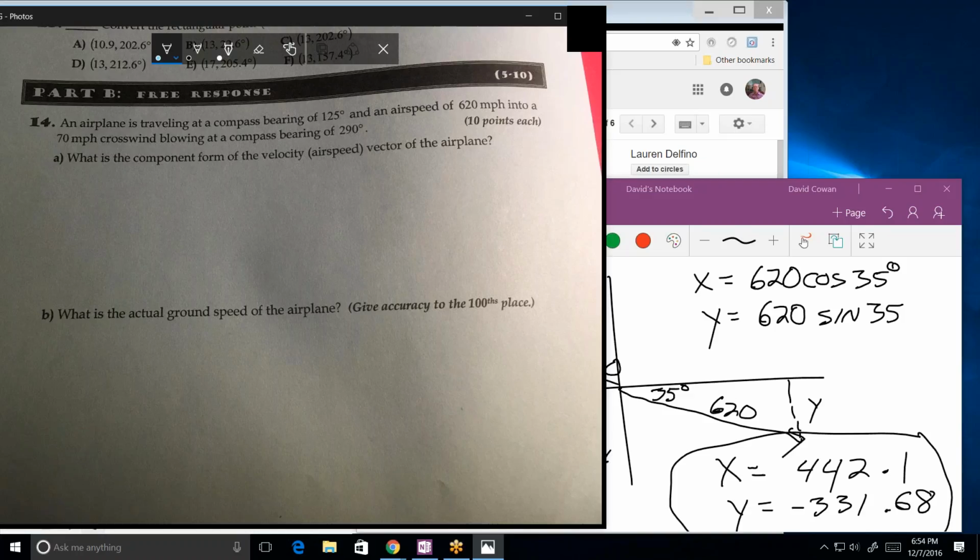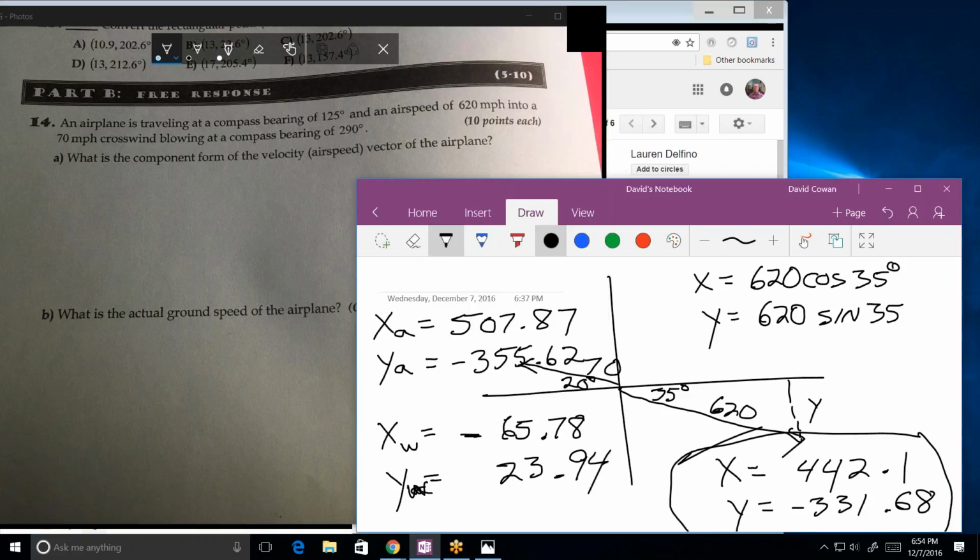In other words, the velocity vector of the airplane and the wind is this. What is that? 442.1 and minus 331.68. Okay? And if you have to show your work, show exactly what you did.